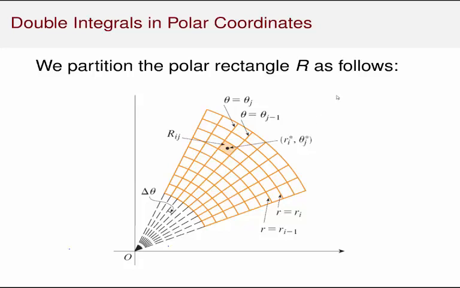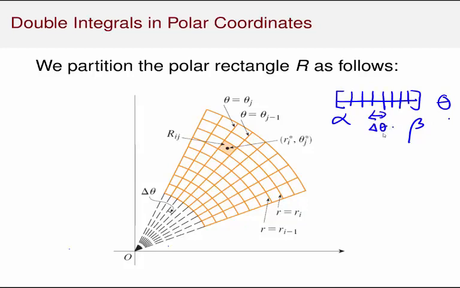So suppose we have the interval from alpha to beta for the variable theta. And let's suppose we partition this into subintervals, each of which has size delta theta. Then the values of theta on this partition will give rise to a collection of rays coming out from the origin that looks something like this.